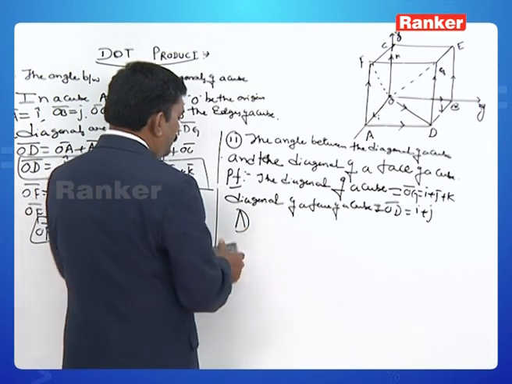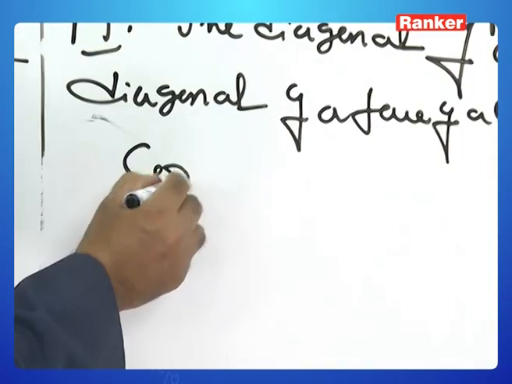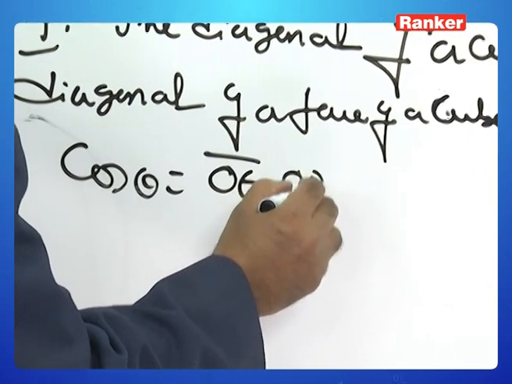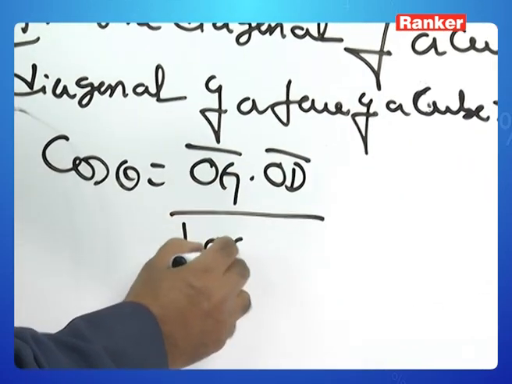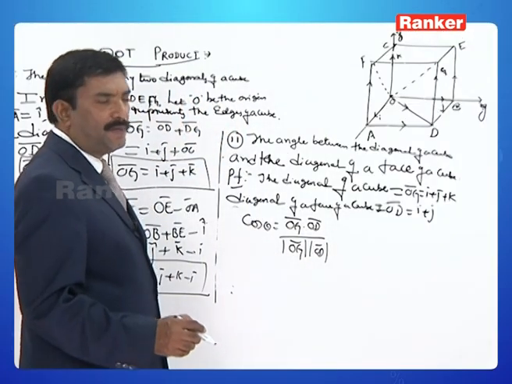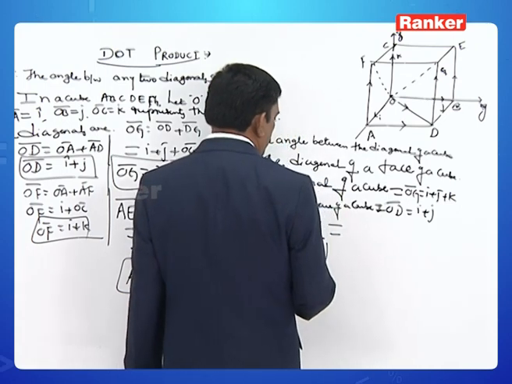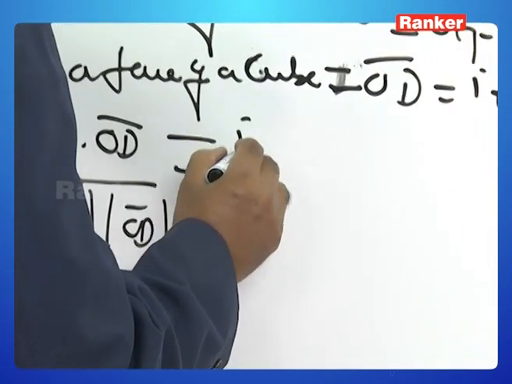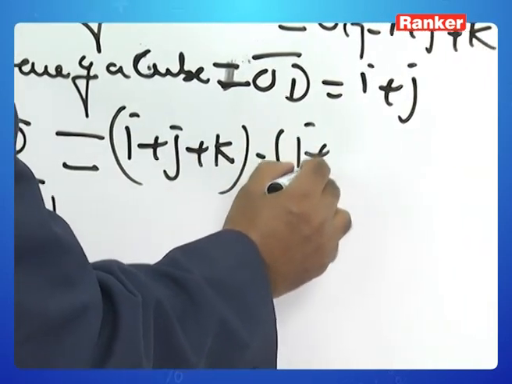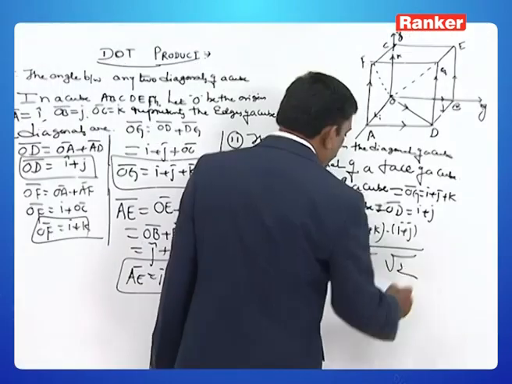So therefore cos theta is equal to OZ bar dot OD bar by modulus of OZ into modulus of OD bar. So therefore I can write OZ bar dot OD bar. What is OZ bar? I plus j plus k. Modulus of I plus j plus k is root 3, and modulus of I plus j is root 2.